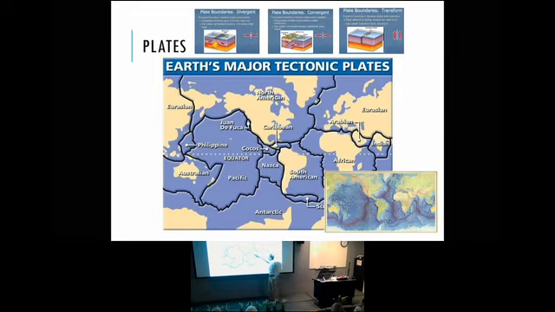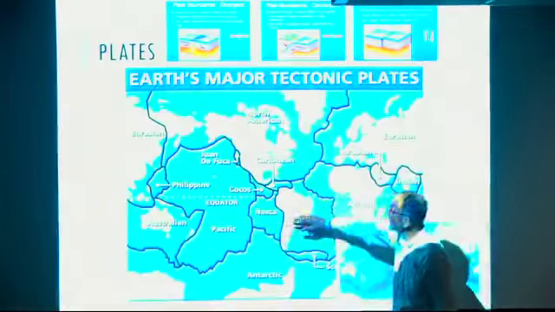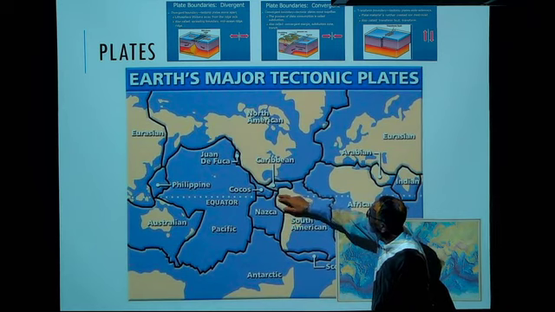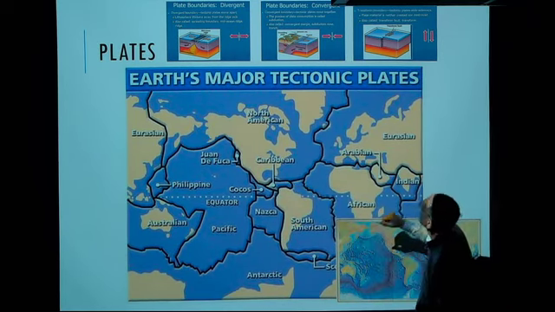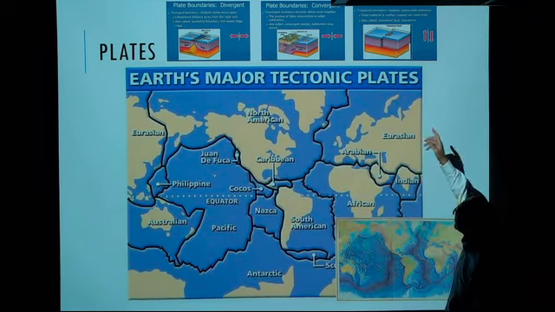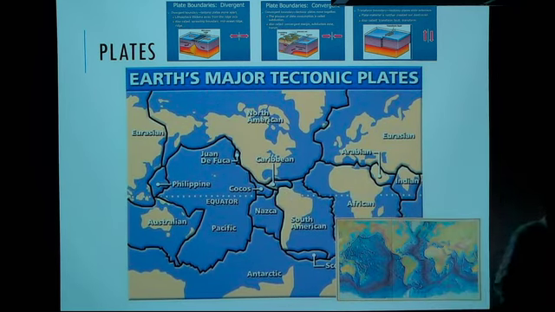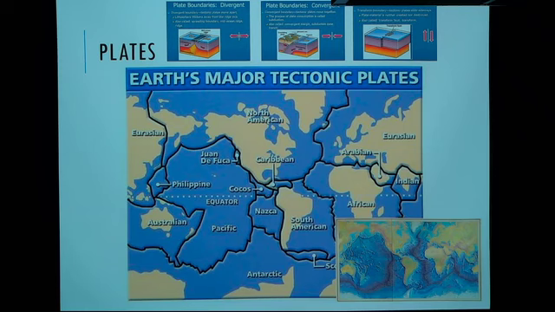Divergent boundaries or spreading centers like the mid-ocean ridge or the East Pacific. Subduction zones like we see under South America or under the Lesser Antilles here. Or transform boundaries like we see in our own San Andreas Fault. So all of those major tectonic plates have one of those 3 types of boundaries.